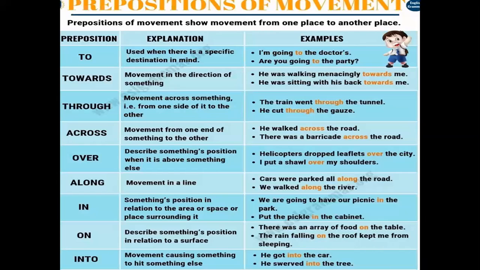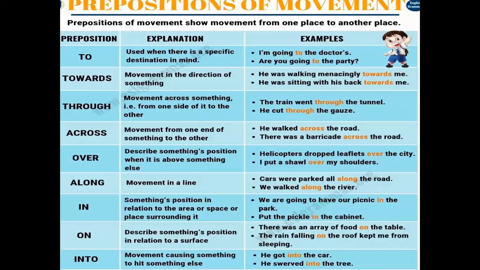So here we are going to use across, and it is a flat surface, like you have to go from this end to that end. So you can say, he is swimming across the river. But in the previous case, the train went through the tunnel. There the tunnel is stable, but the train is in movement.